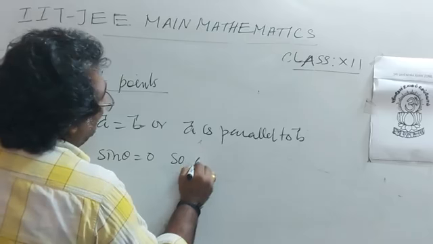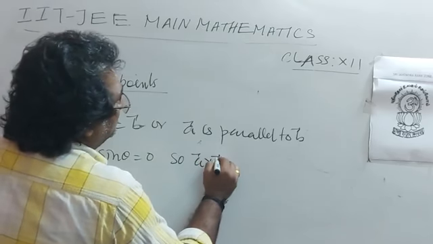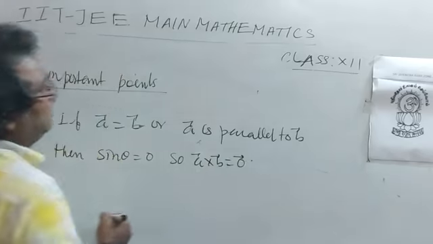So A vector cross B vector equal to 0 vector.